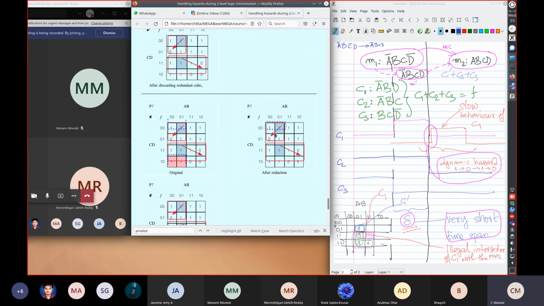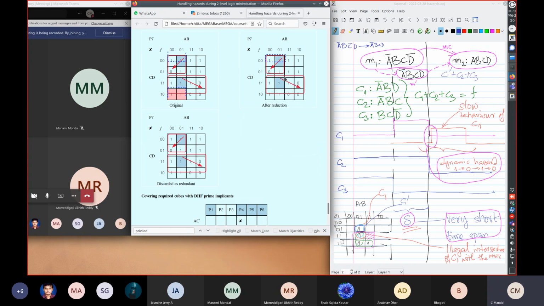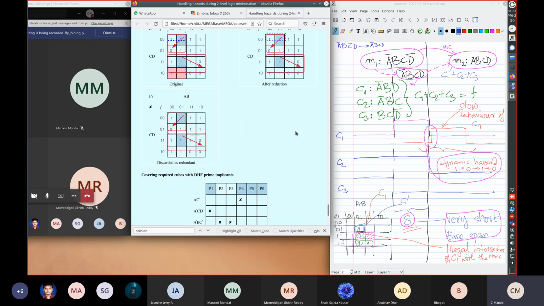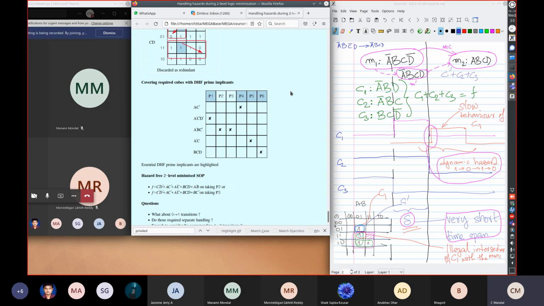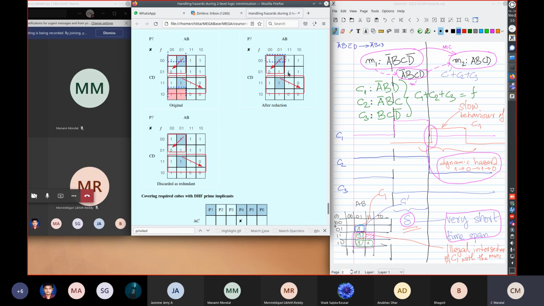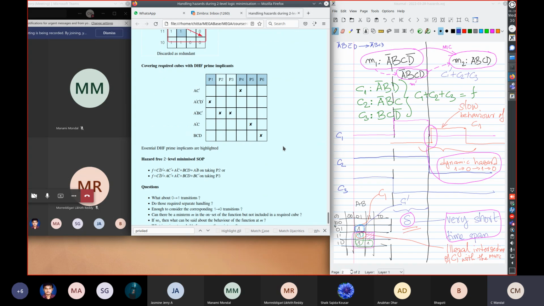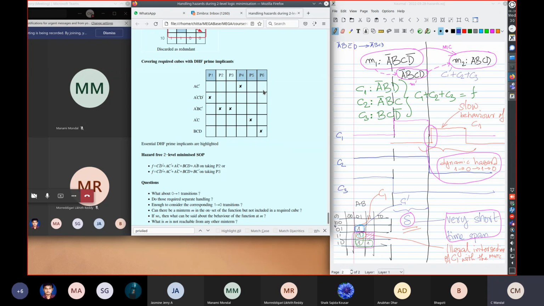So you can discard this as redundant. So after this, what is left are the DHF prime implicants, and these are the cubes that you need to cover.